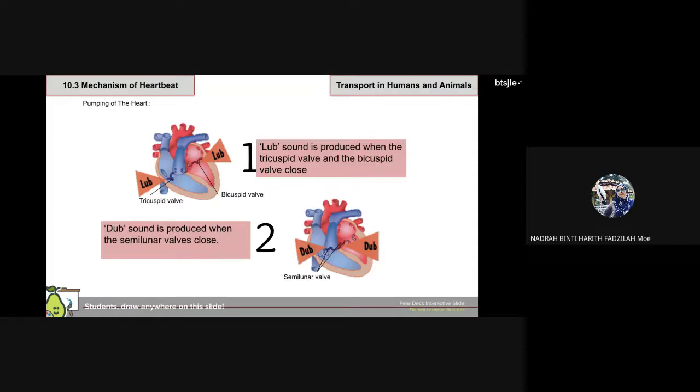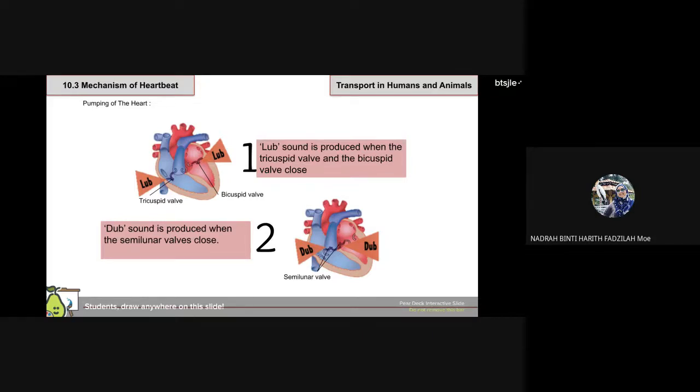Okay, seterusnya kita tengok selain daripada heartbeat, another mechanism that is required, that also needed to force atau to push blood inside the blood vessels, to enable blood to move inside the blood vessels, are the forces that comes from contraction of skeletal muscle.